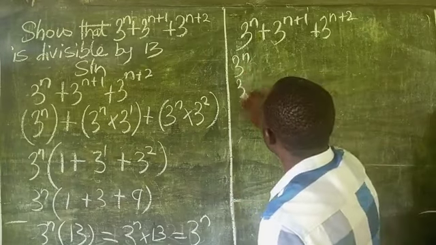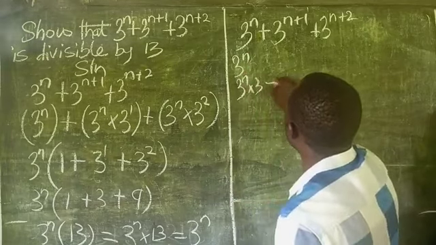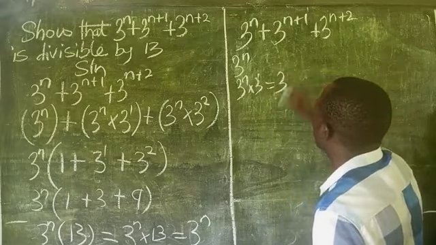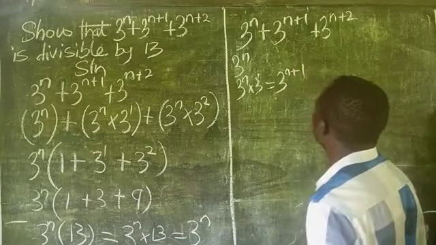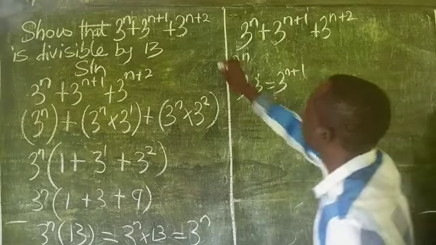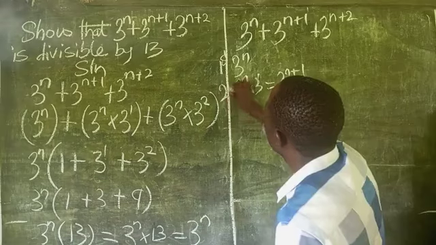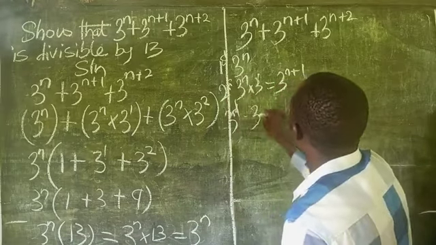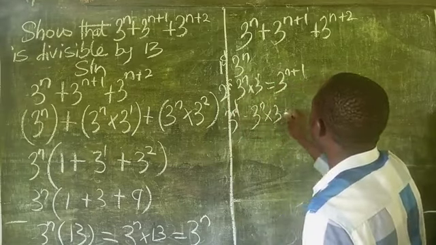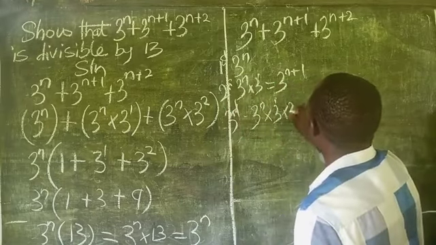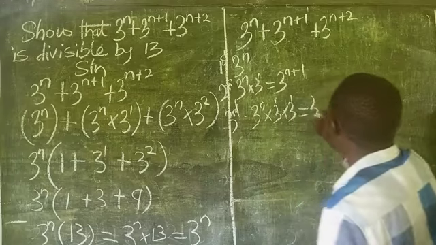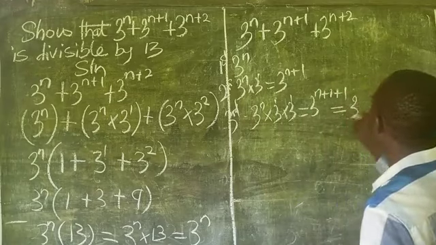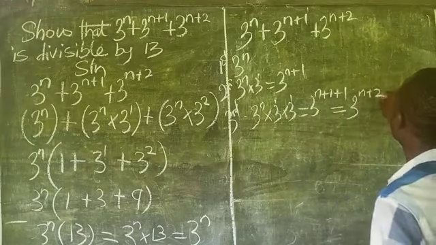It will be 3 raised to power n times 3, which is equal to 3 raised to power n plus 1. And this is the second term. The third term will definitely be 3 raised to power n plus 1 times 3 again, which is equal to 3 raised to power n plus 1 plus 1, which ends up with 3 raised to power n plus 2.